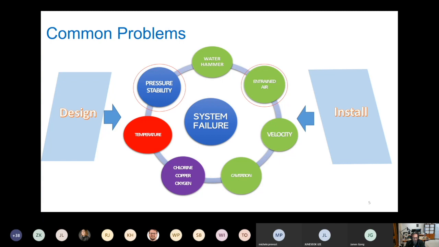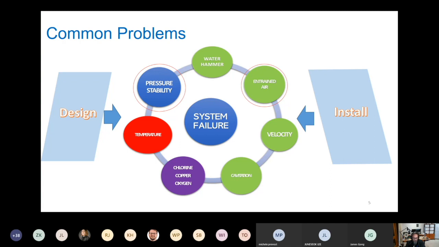The common problems that I see normally start from a combination of the design and the quality of the installation. Then the factors that I find operating in the system, well, they range from about these 7 most common problems. One is entrained air, and this leads to two-phase flows and turbulence. I see issues with velocity, both high and low. Cavitation, obviously from the velocity and the turbulence of the air.